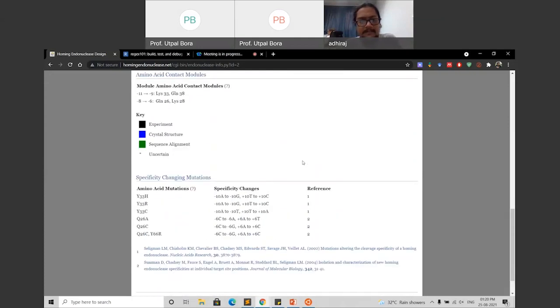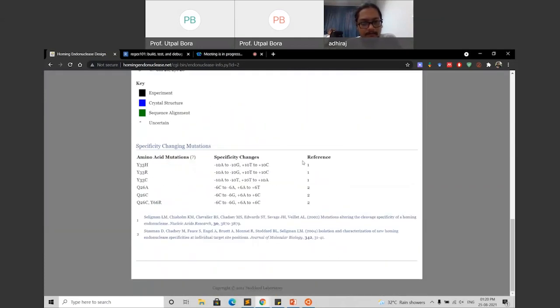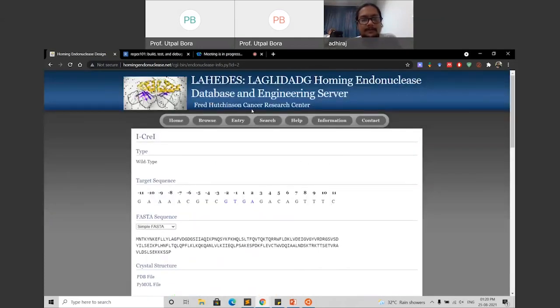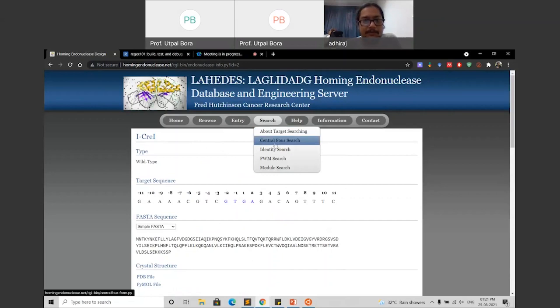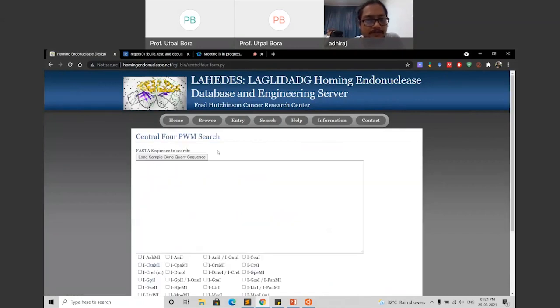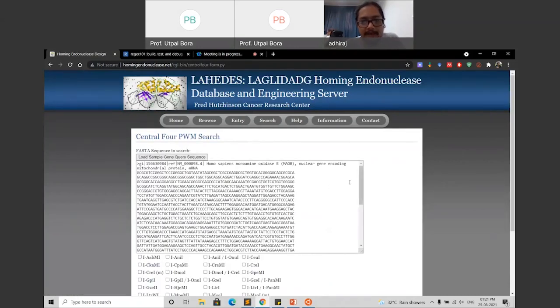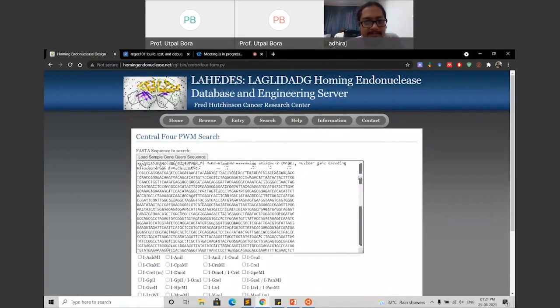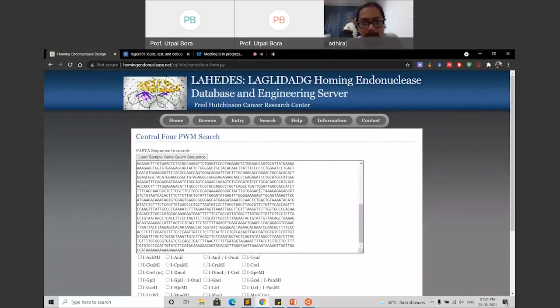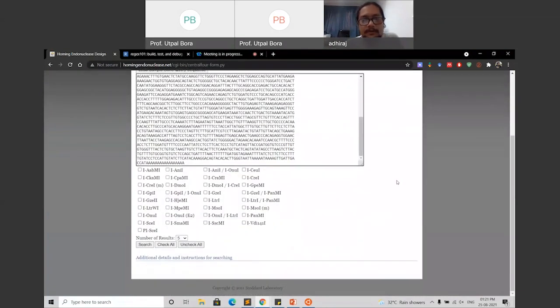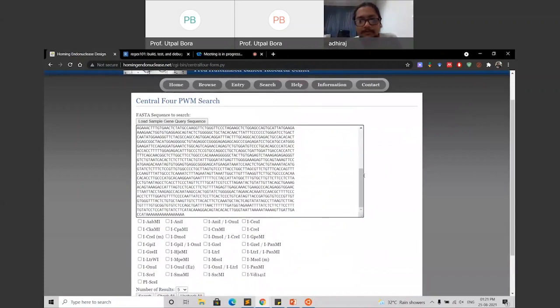So this is what the whole tool looks like. Then, as I said, there is a searching algorithm as well, and we have central four identity search with PWM, and they have different algorithms. So let's go for just one, central four search, right? Suppose we have a sequence like this, a gene sequence. Can you see it? I hope you can see it.